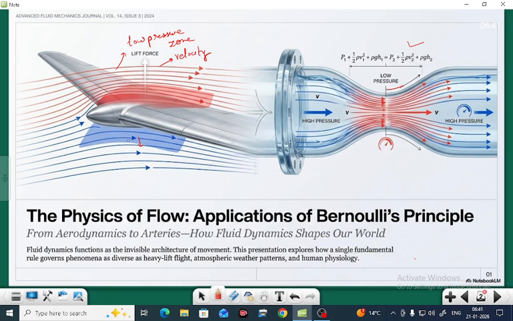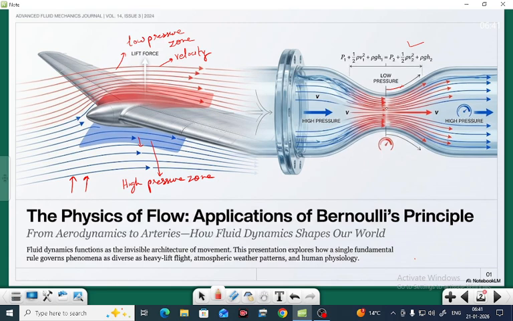And here you see, in this case, the speed is low, so it creates a high pressure zone. So there is a lift of this airplane in the upward direction because it moves from high pressure to low pressure in this direction, upward, and that is the lift of the airplane, or what we call aerodynamics.